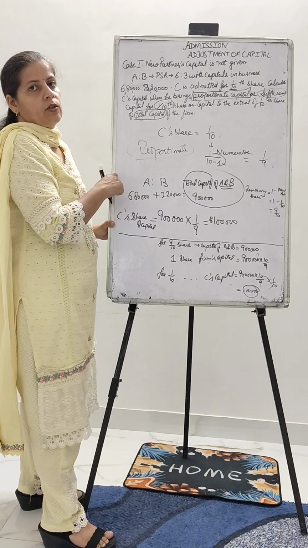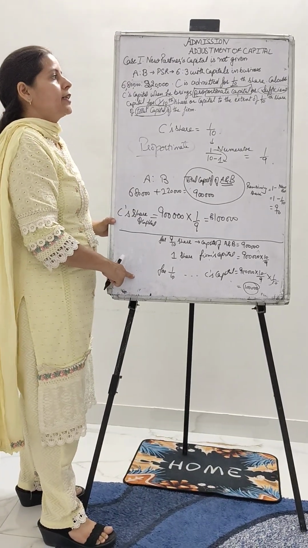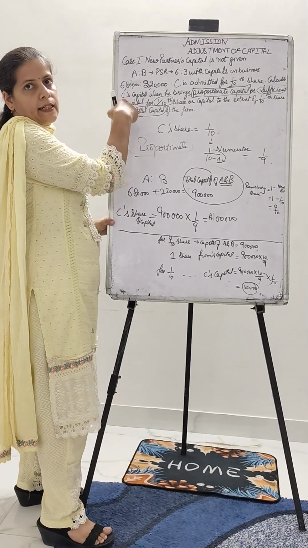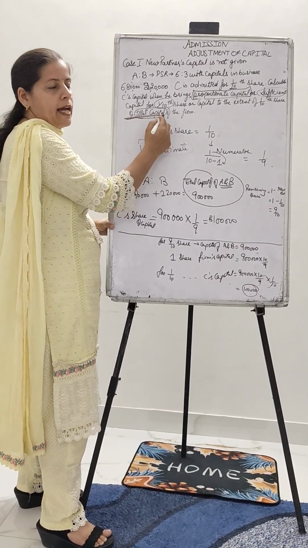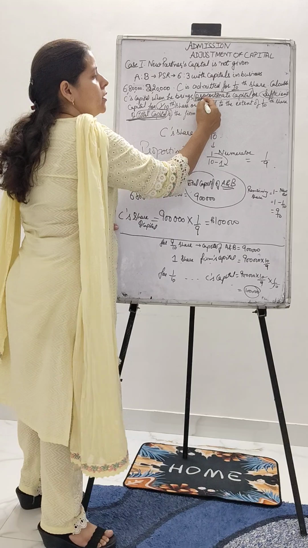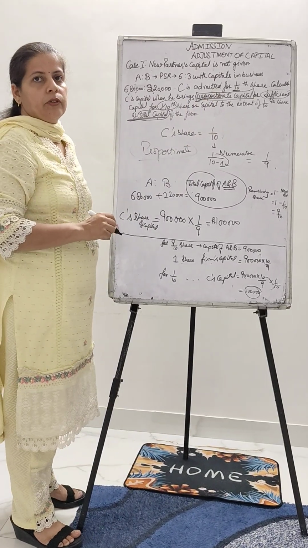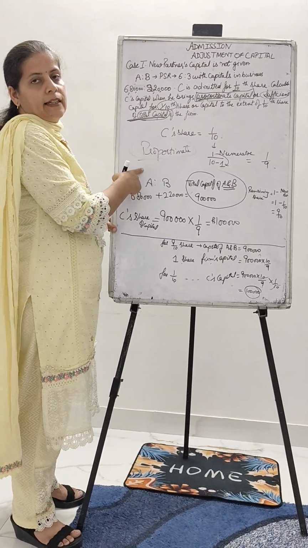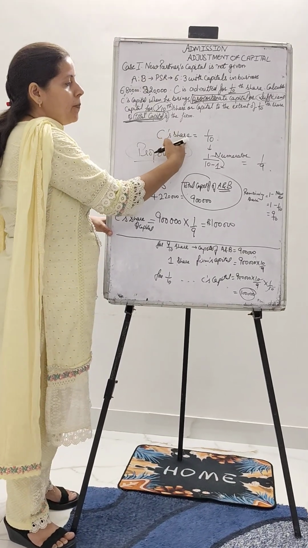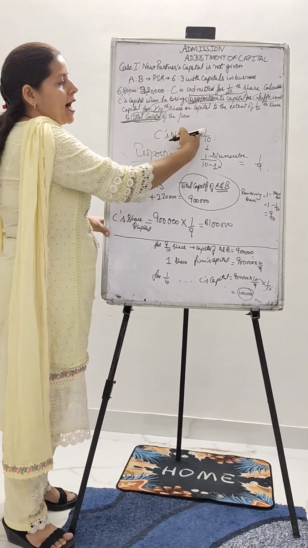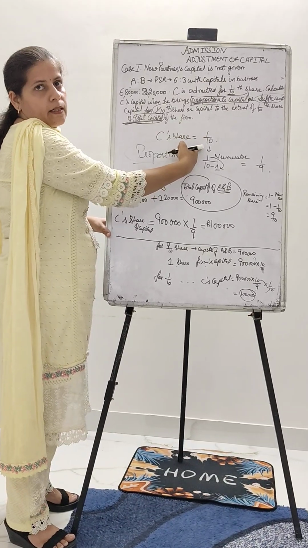The way you want to go, you can go for the calculation of new partner's capital when it is to be calculated on the basis of total capital of the firm or the proportionate capital of the firm. For the shortcut method, I have told you that you have to deduct your new partner's numerator part from the denominator part.